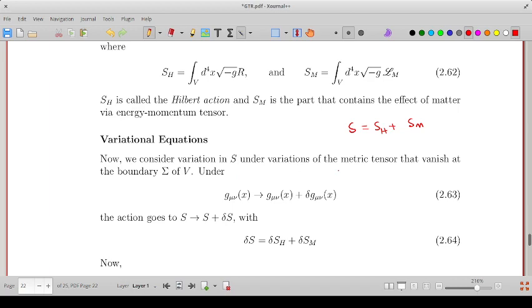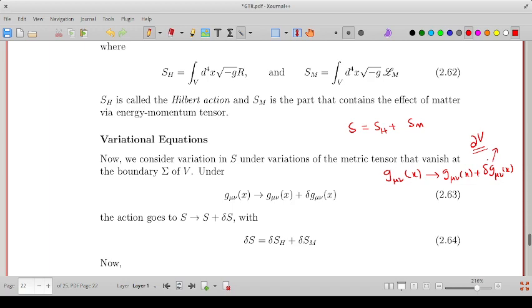We will consider a variation in the metric tensor field g mu nu x going to g mu nu x plus delta g mu nu x, with this variation delta g mu nu becoming 0 at the boundary of the space-time region V concerned. So at the boundary of the volume, we expect delta g to be 0.